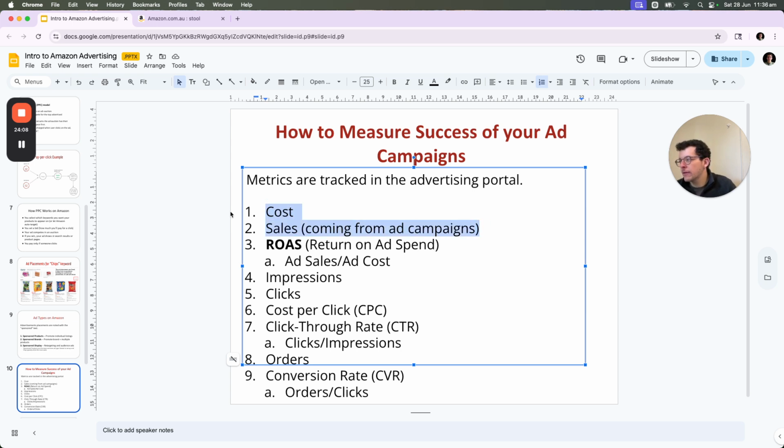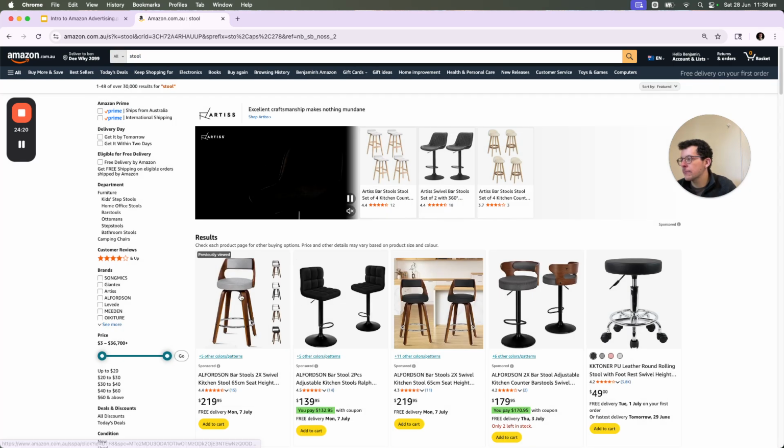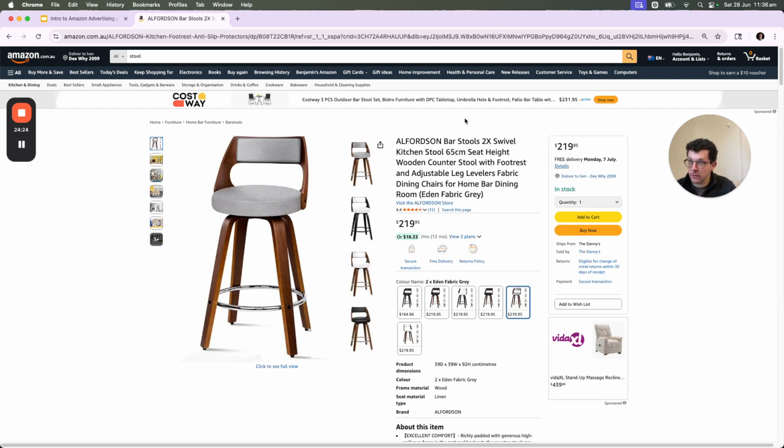Moving forward, sales. How much sales have your advertising campaigns delivered? Specifically, if I am a customer, I type in stool, and I then click on this top placement. The brand is charged cost per click, so they pay $1 or however much the cost is.